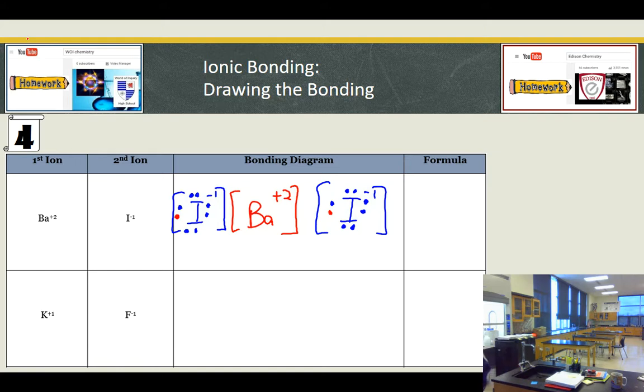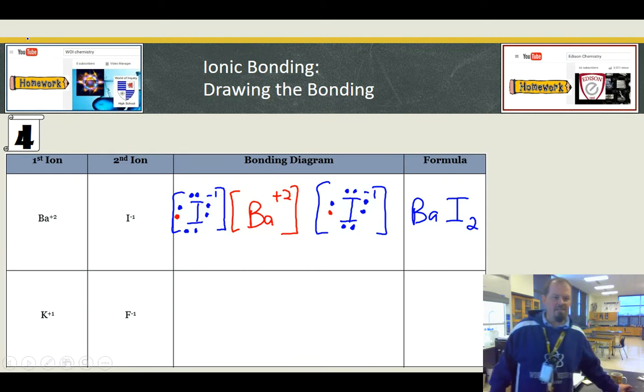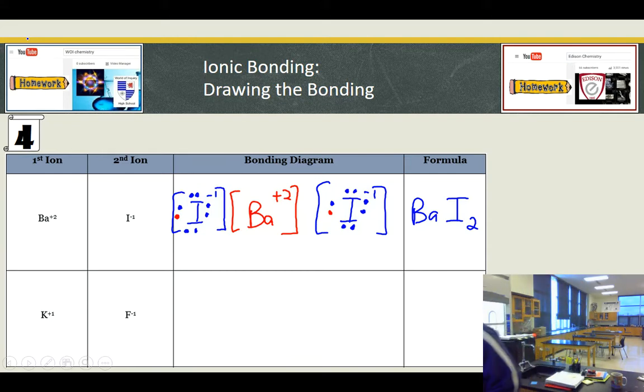Now I can figure out my formula. I have Ba, there's only one of them. Then I have iodine, and there's 2 of them. So it's an I with a little subscript 2. Okay, good. Let's keep going. I got K with an F. So I have K as my metal. I'm going to draw the metal first. It's a +1, and I don't need any dots on my metal. Then I have fluorine as a -1.